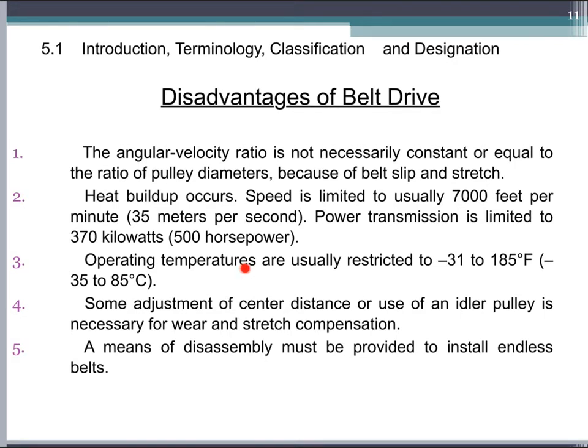So when the belt expands, there will not be enough friction between belt and pulley. If there is not enough friction between belt and pulley, a slip will happen between the belt and pulley.